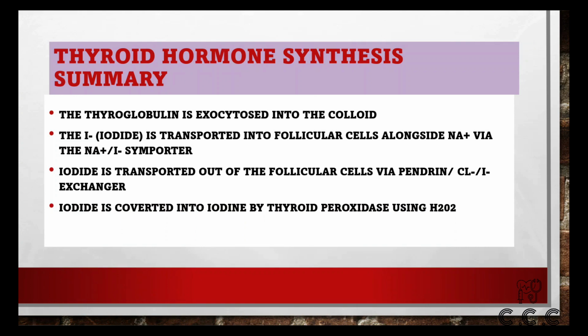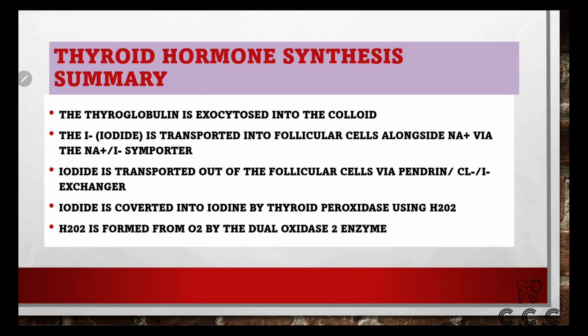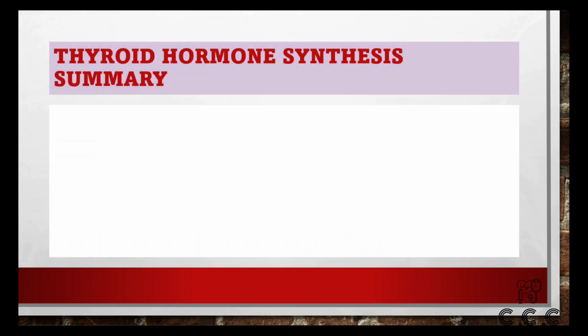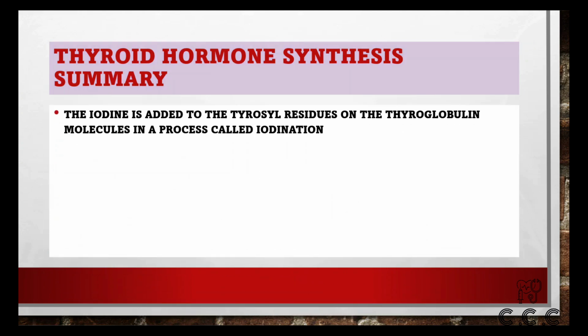The iodide is converted into iodine, a more neutral form, by thyroid peroxidase, or TPO, using hydrogen peroxide. And usually the hydrogen peroxide is formed by the dual oxidase 2 enzyme, which converts oxygen to hydrogen peroxide.